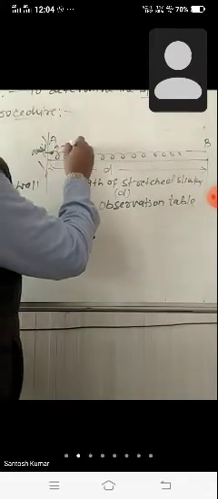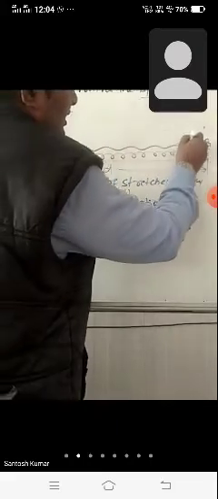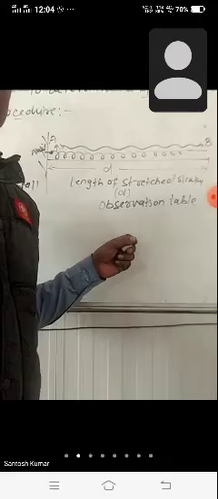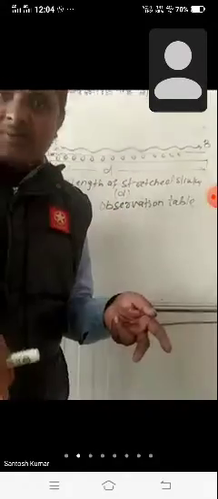Then the wave goes this way, and when it reaches this point, the time this wave takes to cover this distance will be measured by the stopwatch. That's why a very long stretch length should be taken, so that when the pulse is created, it takes some time so that we can start and stop.